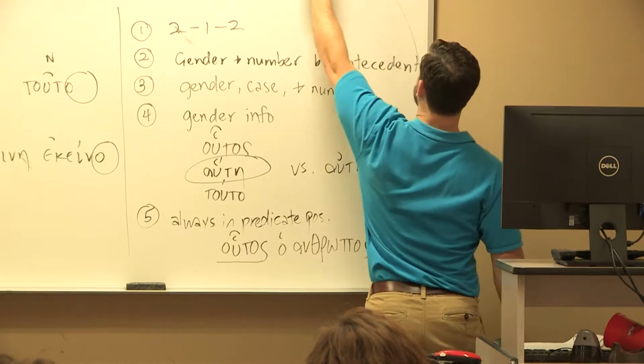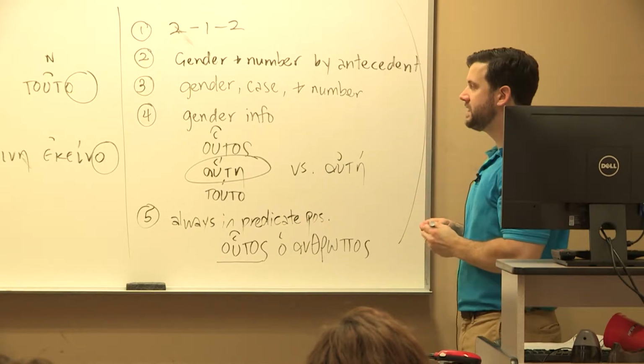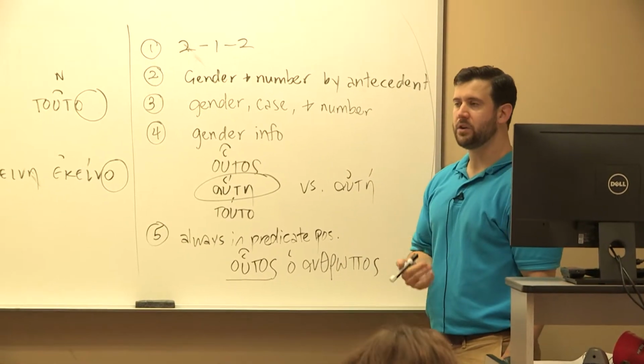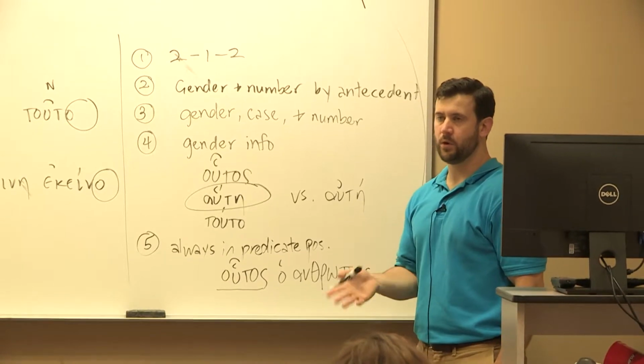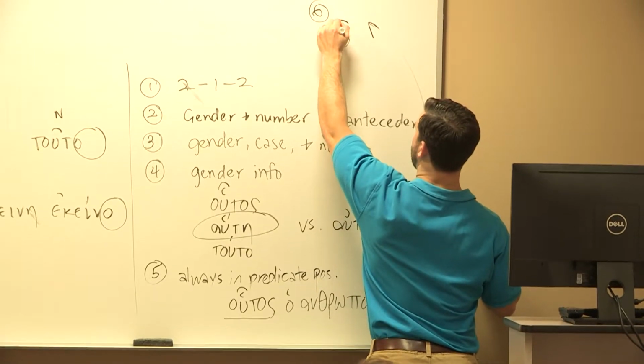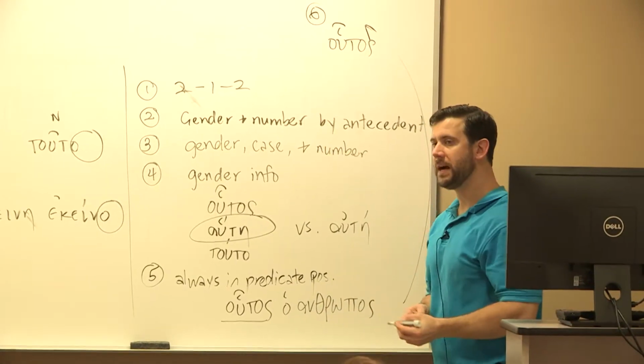Here's number 6. Really similar to number 4. It's basically to say that the demonstrative pronoun could function roughly equivalent to the personal pronoun. So if you have hutas, you might translate it how?